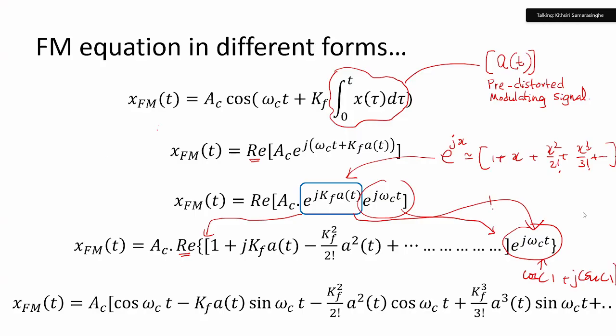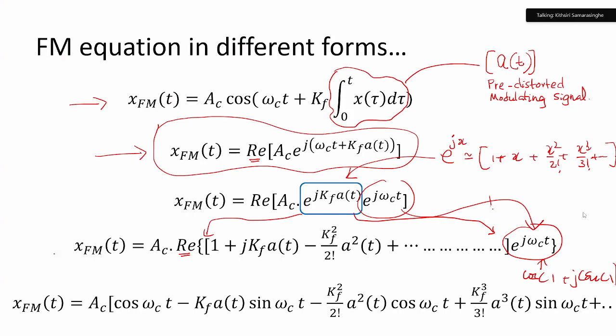Now this one is the exponential form of the FM signal. This is a generalized exponential form. This one is the series expanded form of the FM signal. So you can see there are multiple ways the FM signal can be expressed.